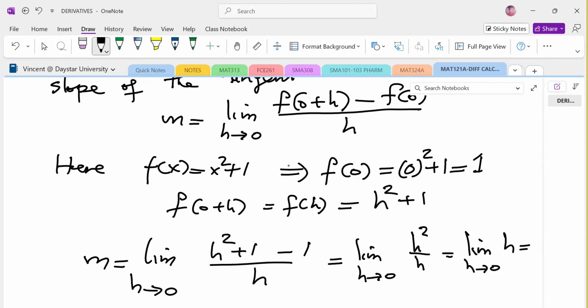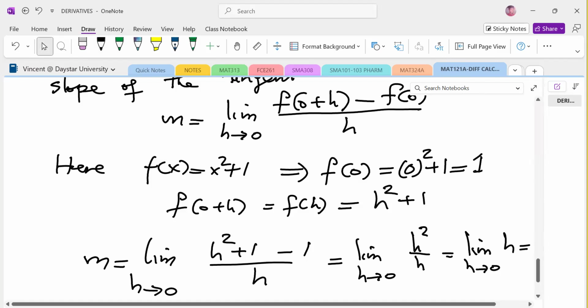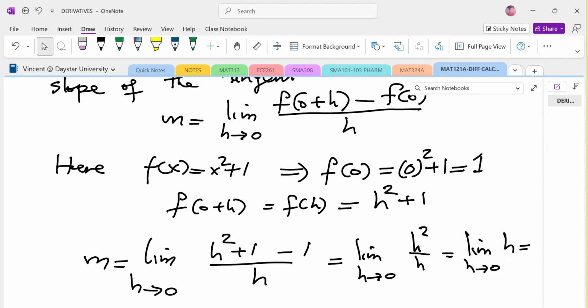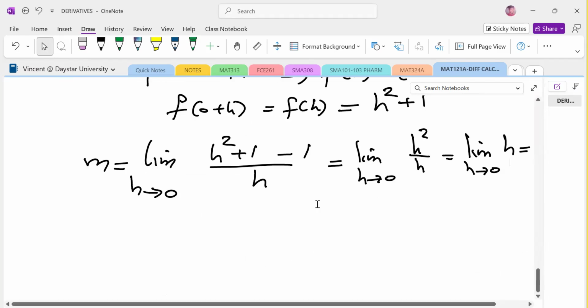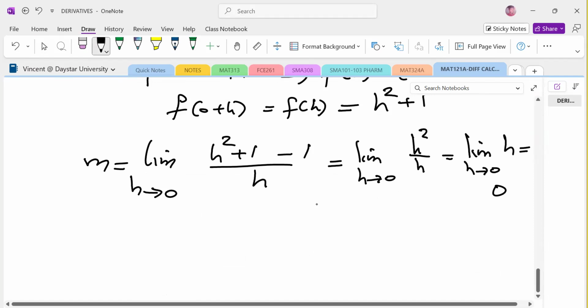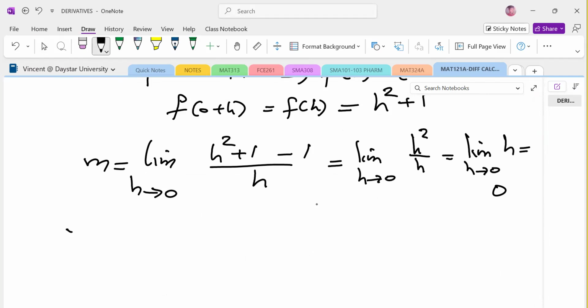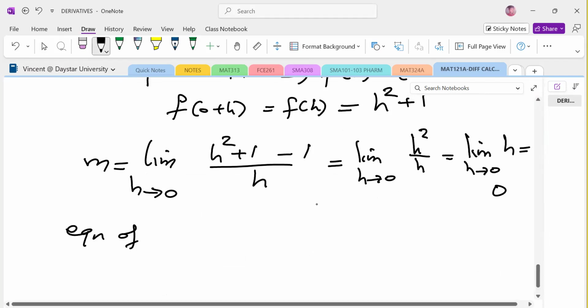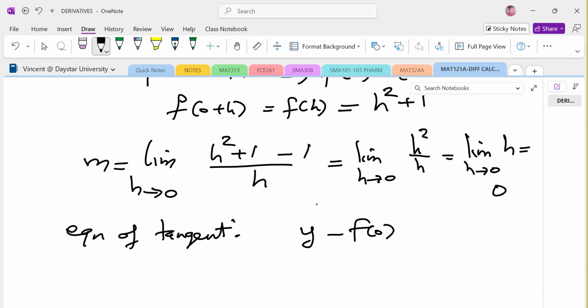So when you evaluate that limit, you get 0, correct? Yeah, so they have 0. So the limit will be 0, so the slope of the tangent is 0. So the equation of the tangent at this point: we'll have y minus f of 0 equals m into x minus 0.